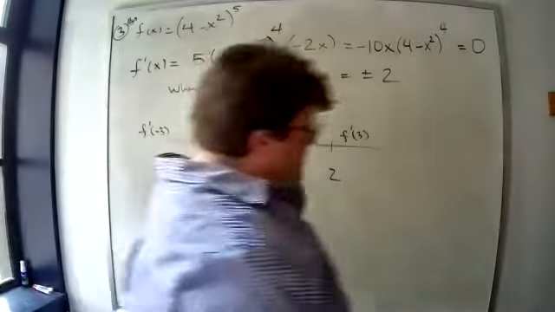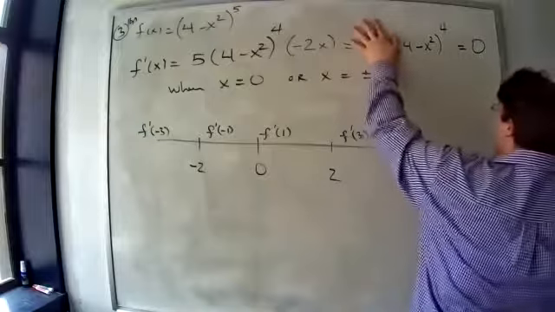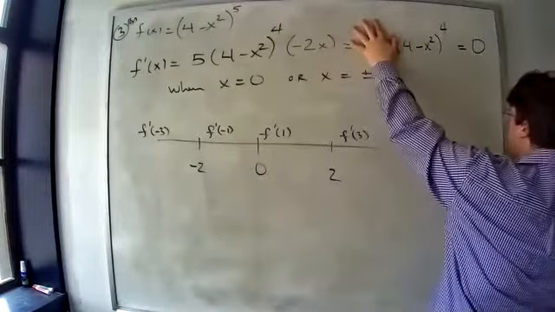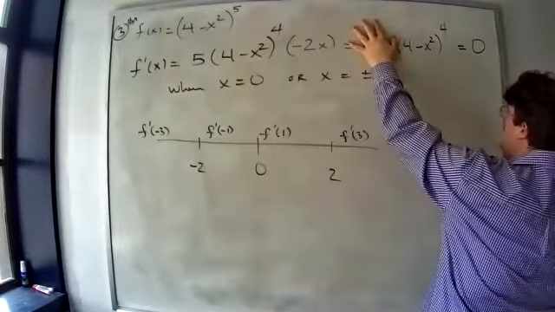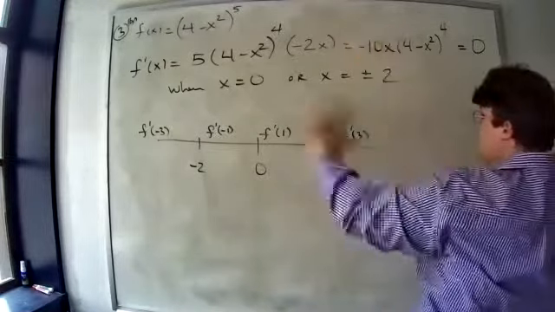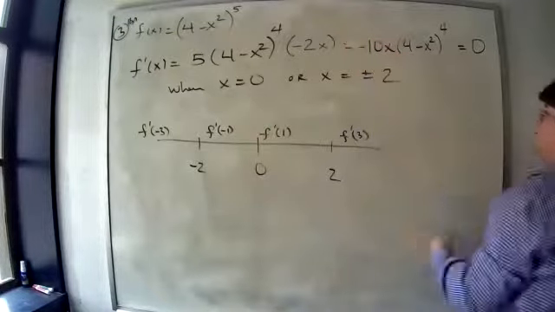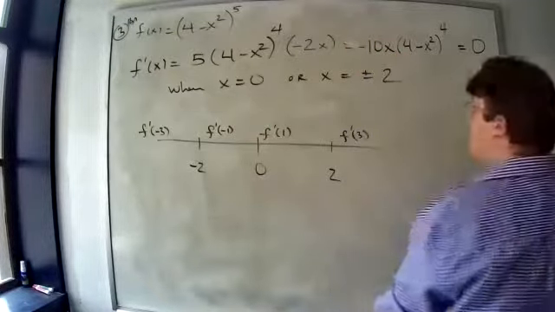Now, before even doing any of this, notice we have 4 minus x squared to the 4th. That's always positive because it's raised to the 4th power. So in this analysis, we don't even have to think about 4 minus x squared to the 4th. We can just think of the -10x.